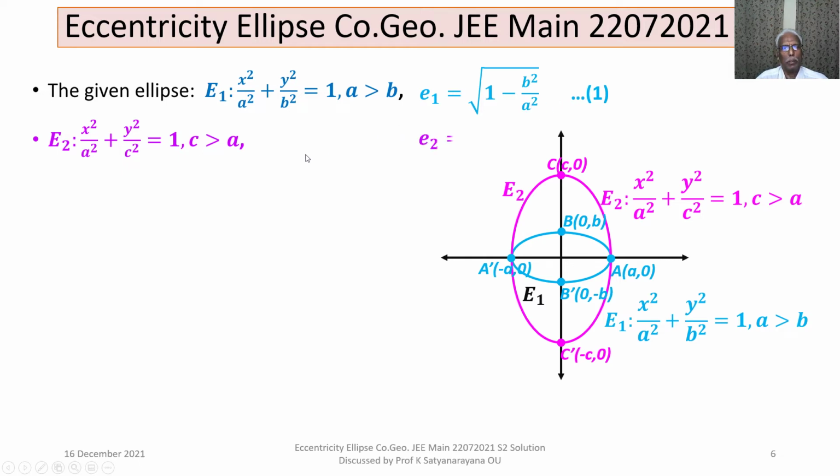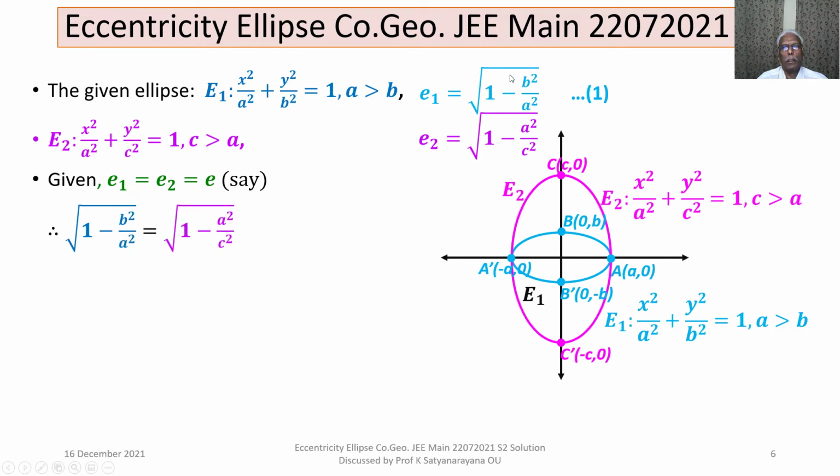And similarly, in the case of E2, E2 is equal to under the square root of 1 minus a square, that is the square of the semi-minor axis of E2, by the square of the semi-major axis of E2. And it is given E1 is equal to E2, and let us call that E, say.